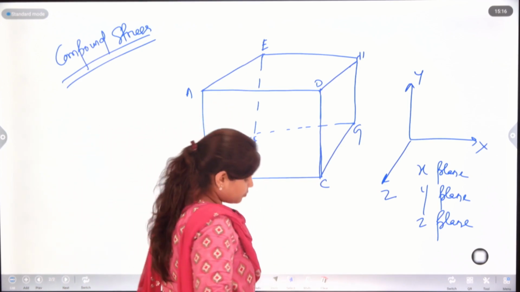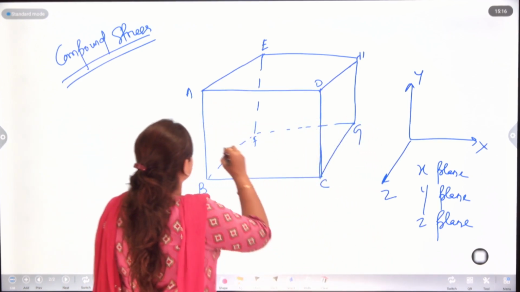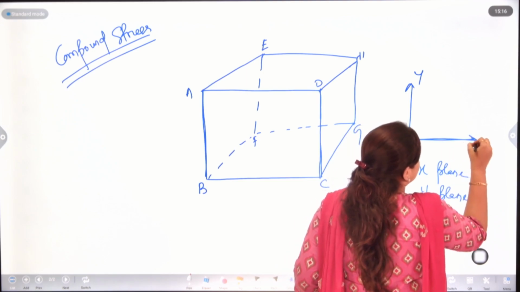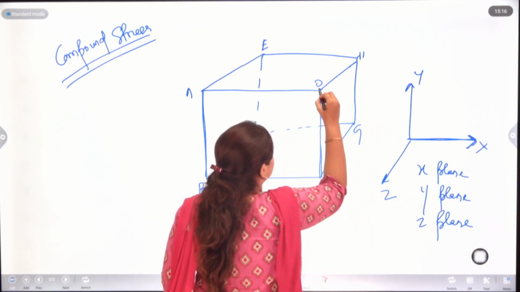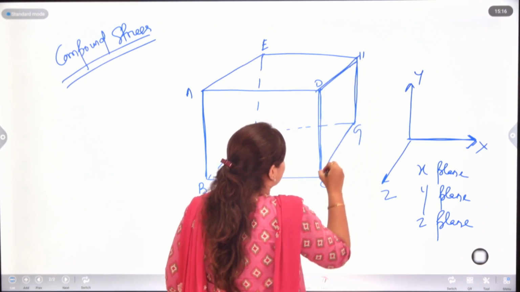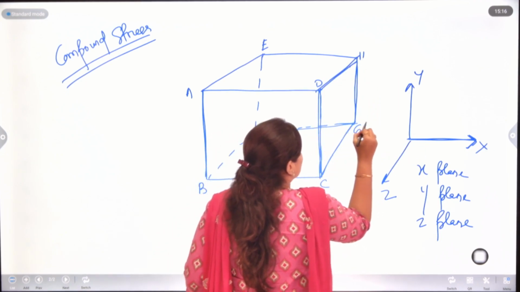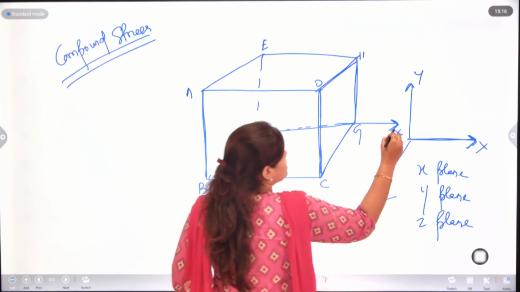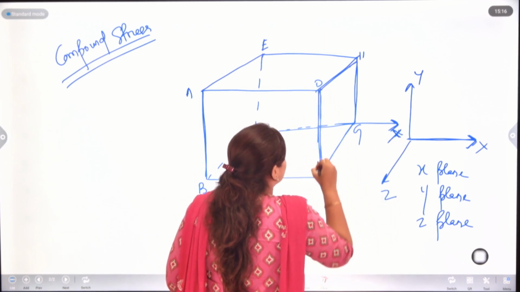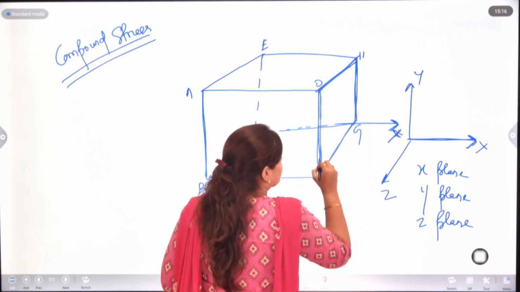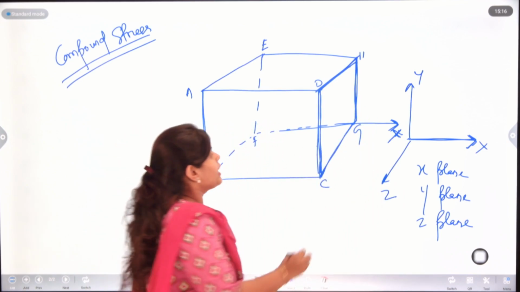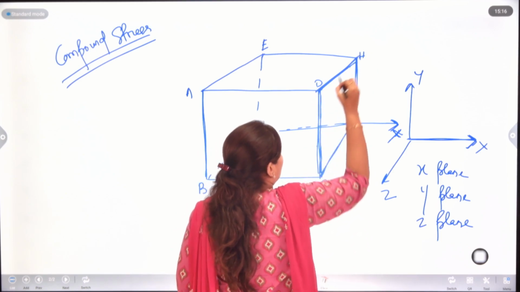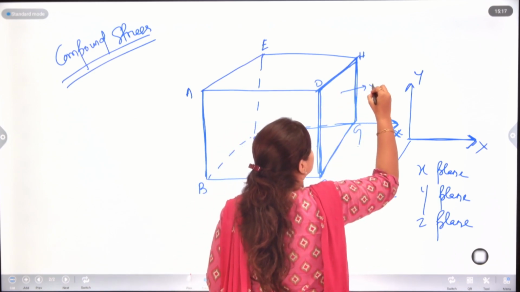Now, in the X, Y, Z planes, how does this work? The direction that cuts a plane will be termed as that plane. If the X direction cuts this plane, this CGHD will be your X plane.